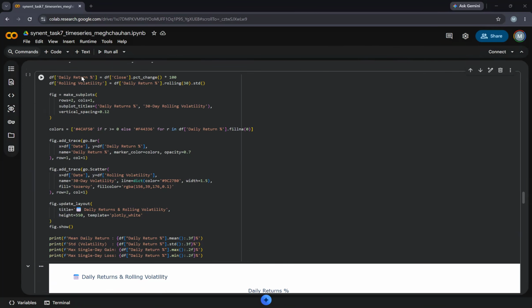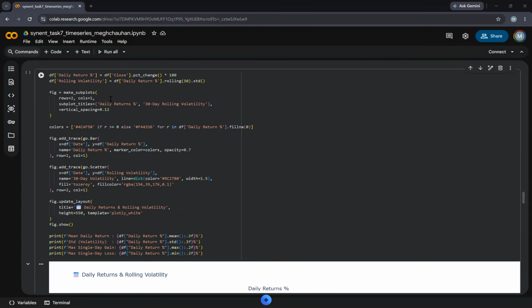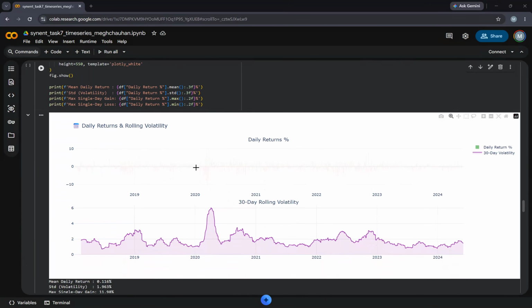And as we can see over here, the daily return percentage, rolling volatility, and all of it is mentioned in the figure. The volatility. This is the daily return percentage.